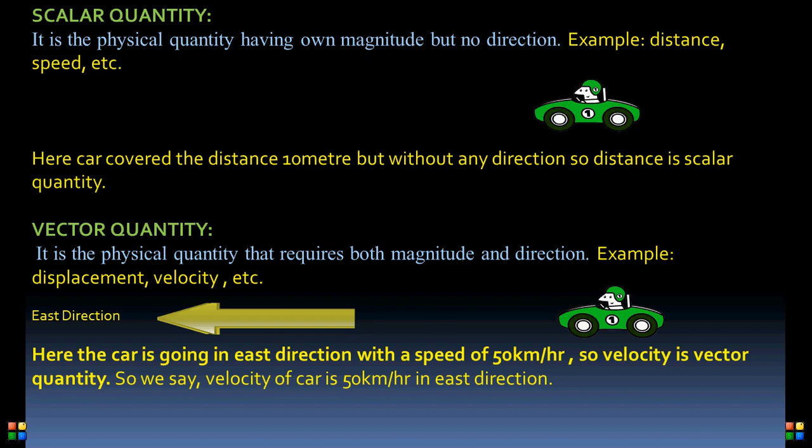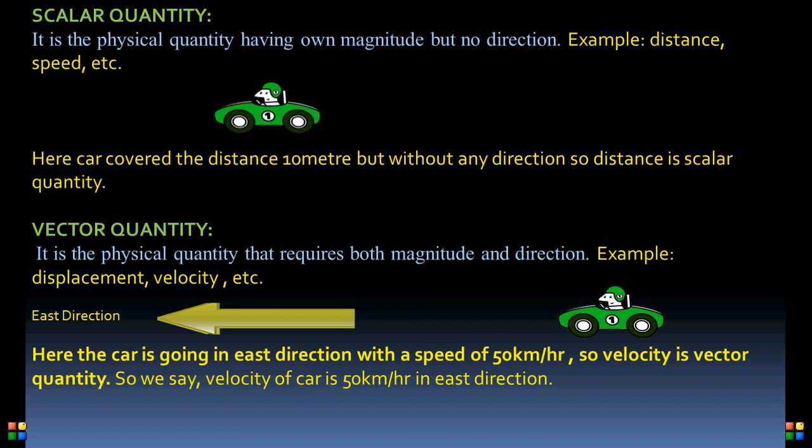Example, distance, speed, etc. It means that in a scalar quantity we do not consider the direction. We only talk about numbers or magnitude. For example, the car covers a distance of 10 meter, but we are not mentioning any direction of this car. So this distance will be taken as a scalar quantity.